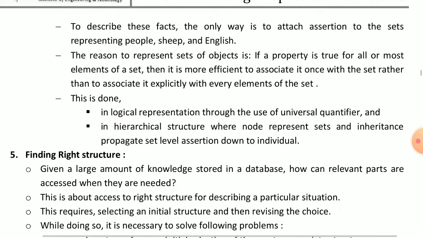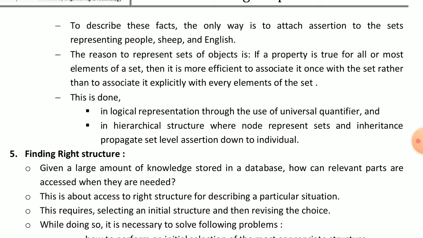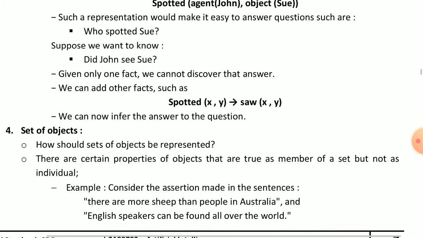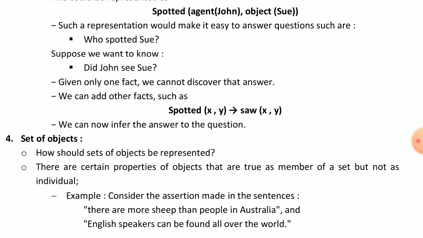We can describe these facts. The only way is to attach assertions to the sets representing people, sheep and English. In these two sentences, people, sheep and English are three different objects.